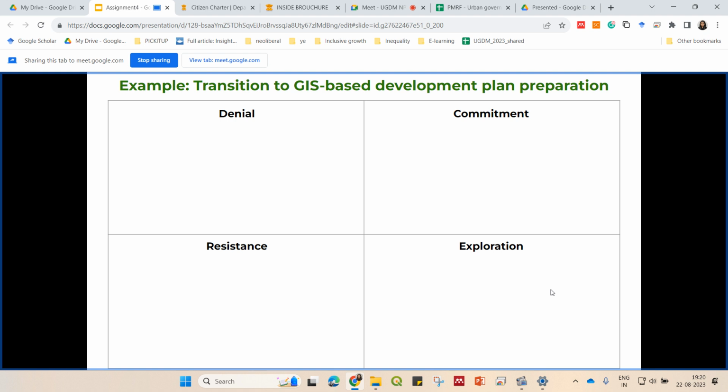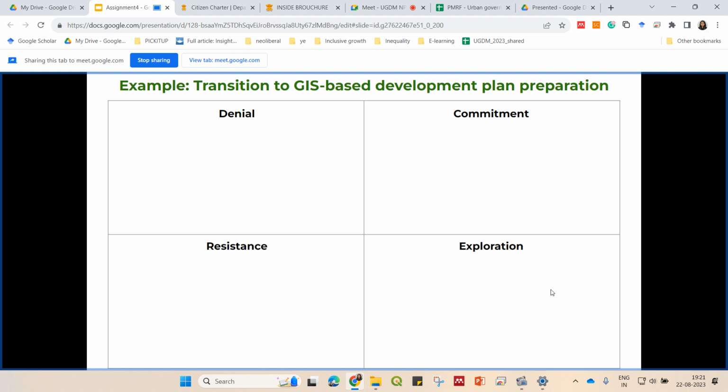So the example we are taking here is the transition to a GIS-based development plan preparation in an urban development authority body. So you have a team which is tasked with preparation of development plans.